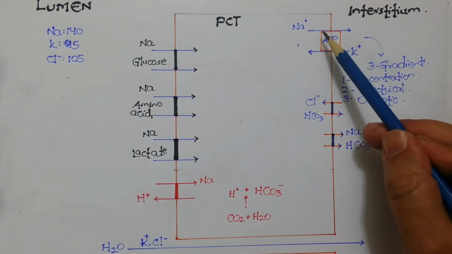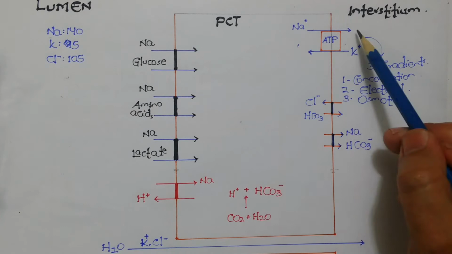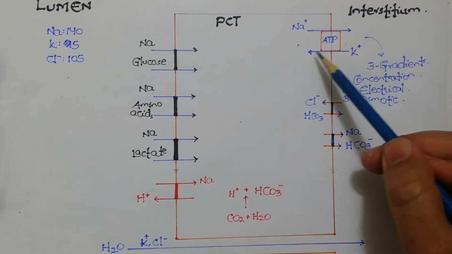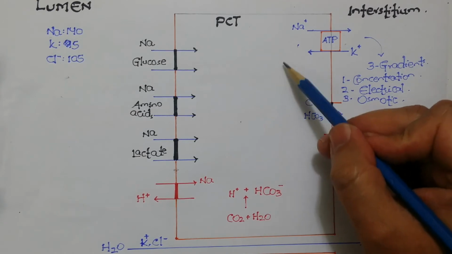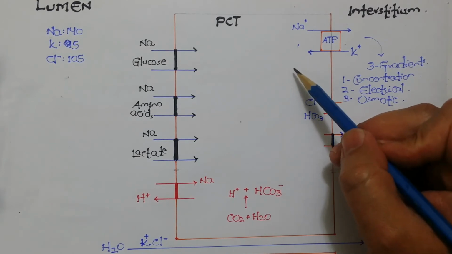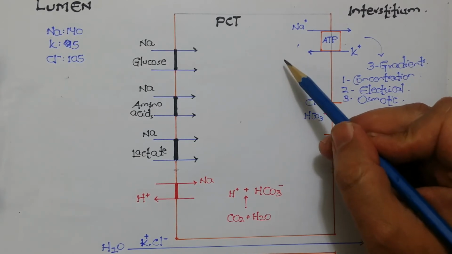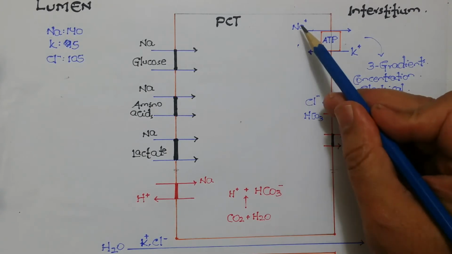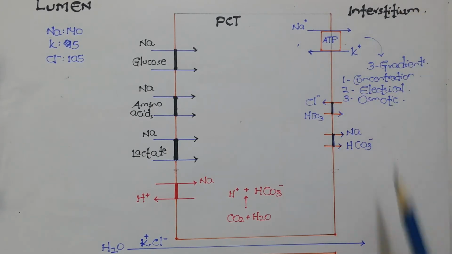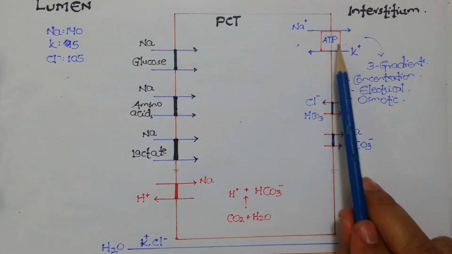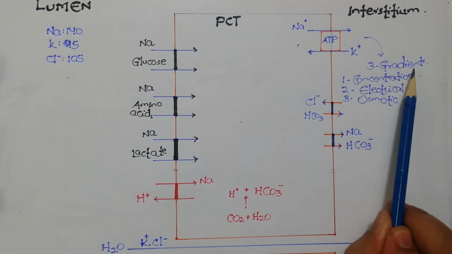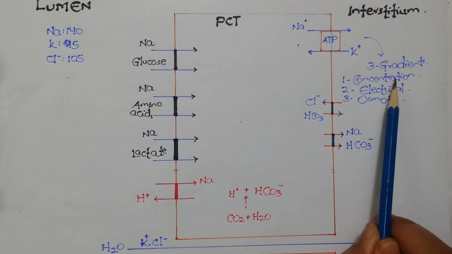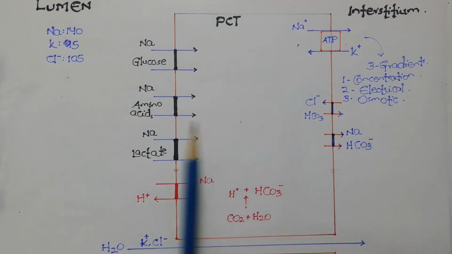This pump continuously pumps sodium out of the cell and potassium into the cell. As a result, we have a buildup of high potassium within the cells, and the intracellular concentration of sodium is very low. So as a result of the activity of the sodium-potassium ATPase pump, we get three types of gradients. The first one is the concentration gradient.